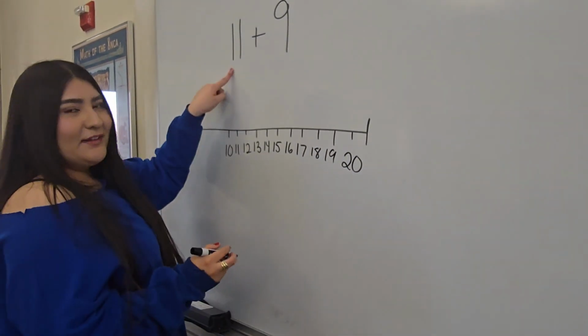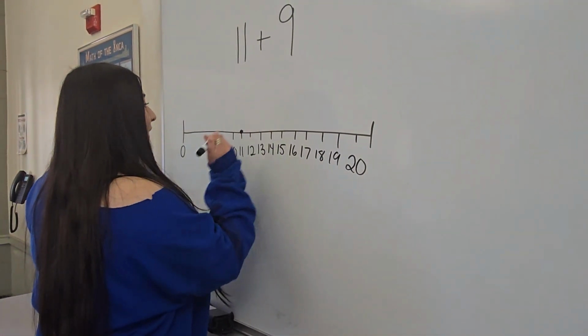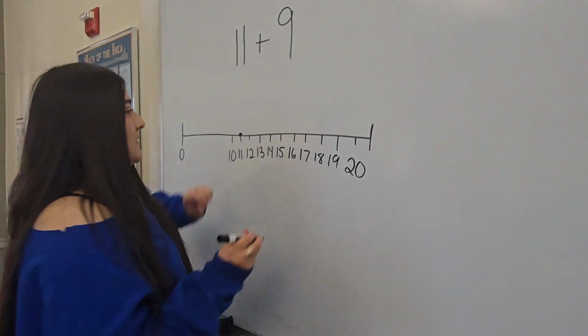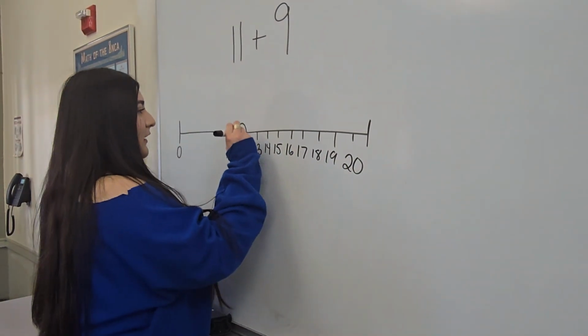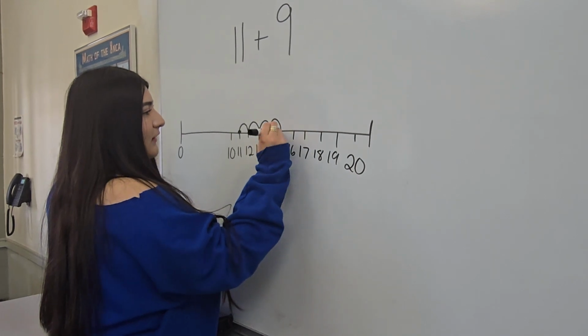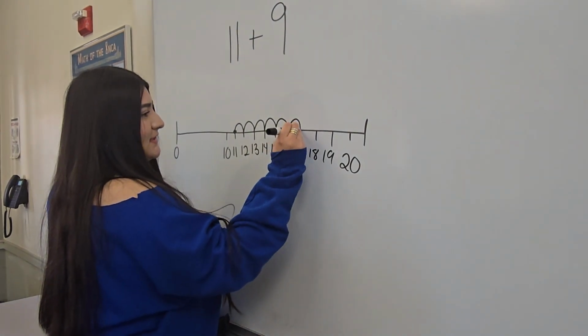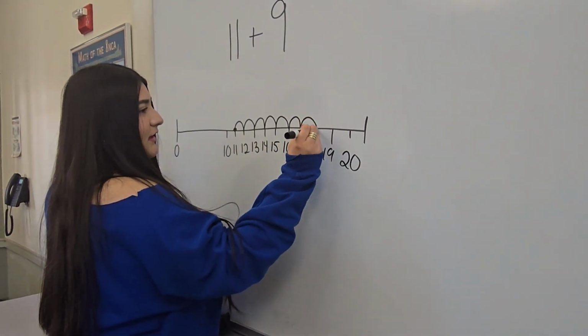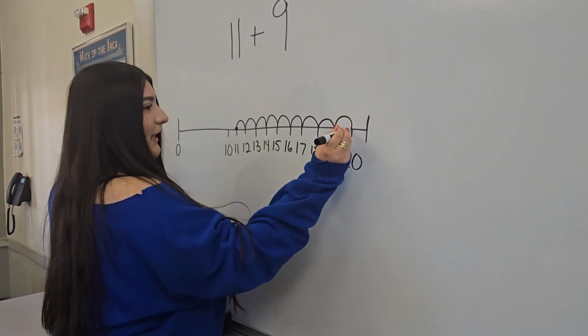So we start at 11, we put a little dot, and we have to make 9 jumps. So here we go, 1, 2, 3, 4, 5, 6, 7, 8, 9.